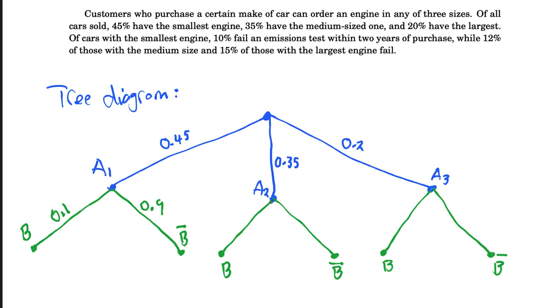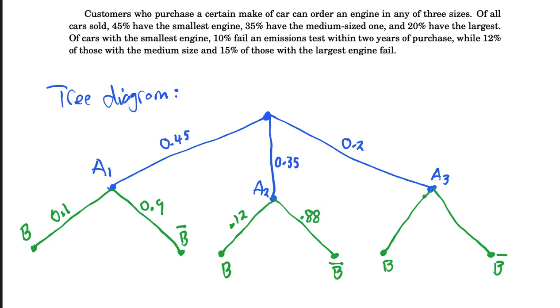Same thing for A2. They have a failure rate as far as the test is concerned of 12%, so 0.12. And then the complement of that, so they're going to pass the test or not fail with a rate of 0.88.